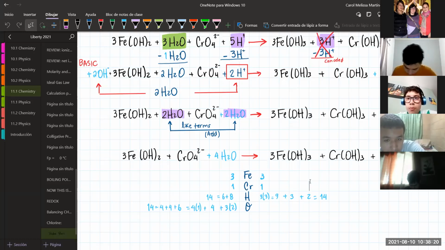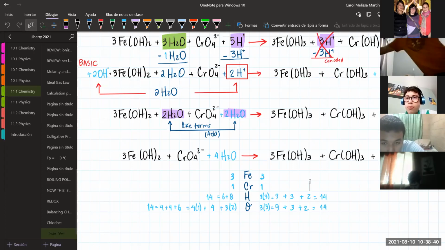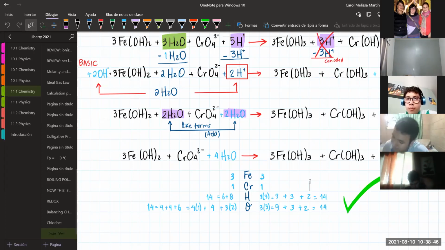And in the products, I see that I have 3 times 3, which is 9, plus 3 plus 2, which is also 14. Now, as you can compare, what you have in the reactants is exactly the same as what you have in the products. Everything matches. So we say that it's balanced.